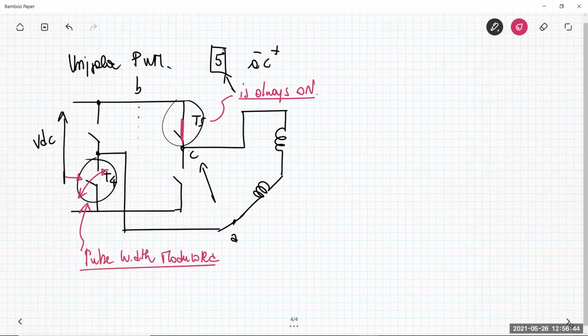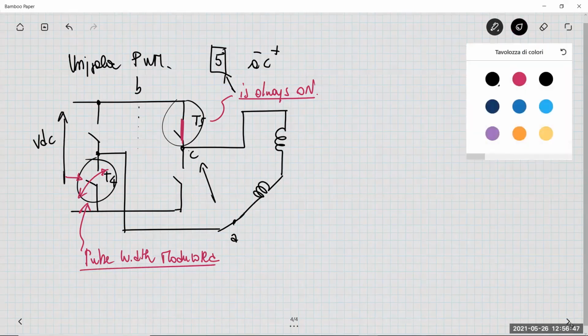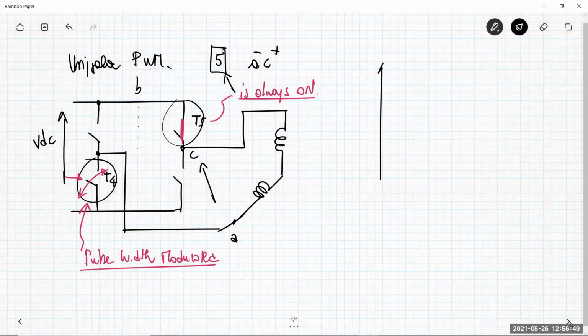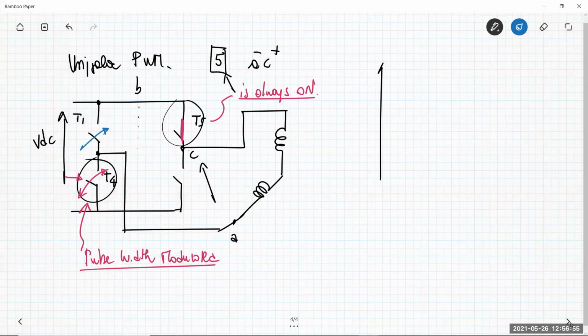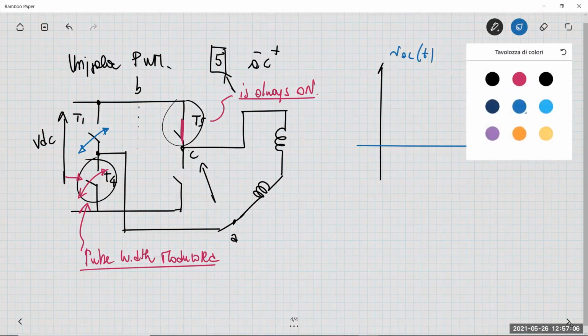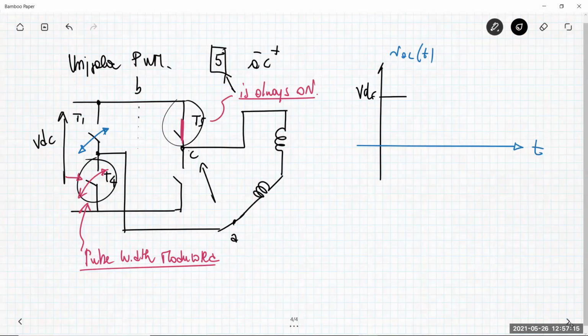So, which is the voltage VAC? Of course, when this is modulated, the transistor T1 is also modulated in a complementary way with respect to T4 in order to avoid shorting the VDC source. What about VAC? For example, in time domain, when T4 is closed, then this is VDC.